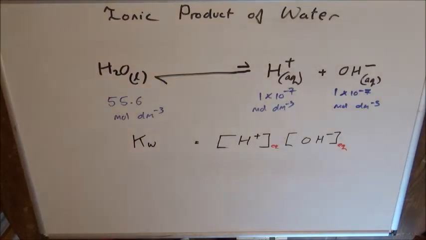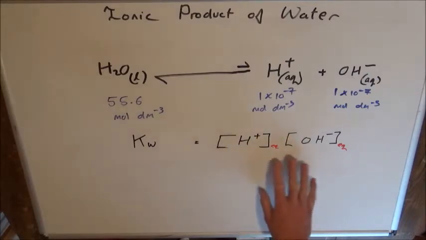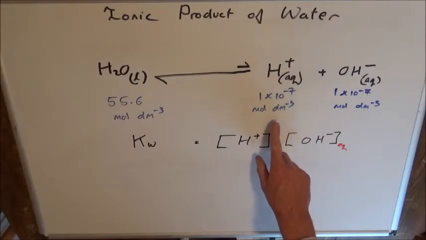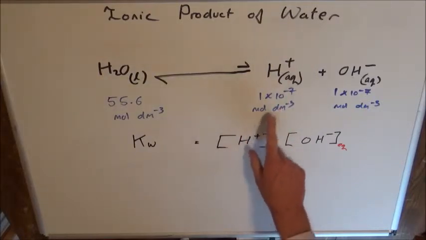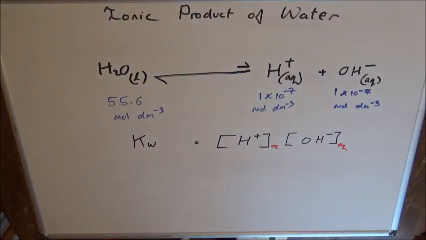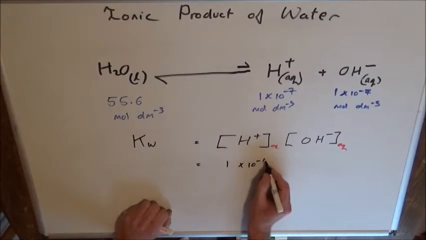We've seen that the temperature determines the extent to which water molecules dissociate. If we say that at a temperature of 25 degrees C, the concentration of H plus ions is 1 times 10 to the minus 7, and similarly the concentration of hydroxide is 1 times 10 to the minus 7, then multiplying those two together we get 1 times 10 to the minus 14.